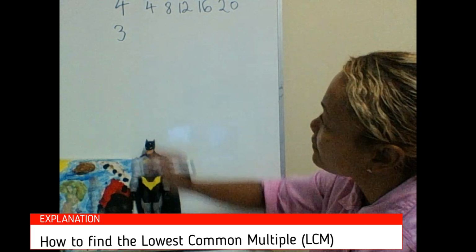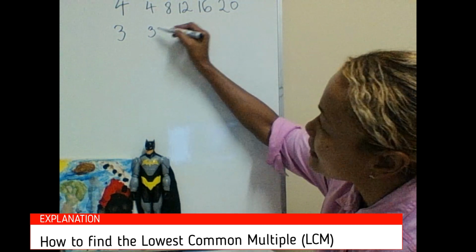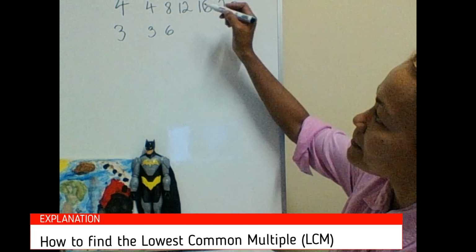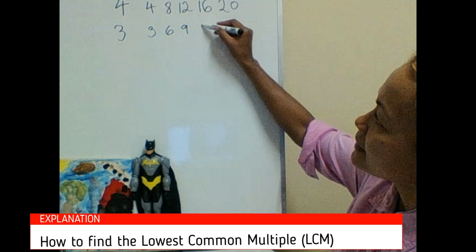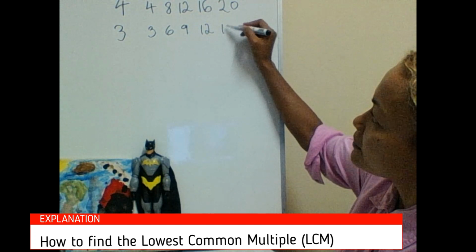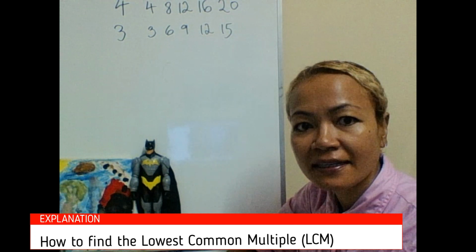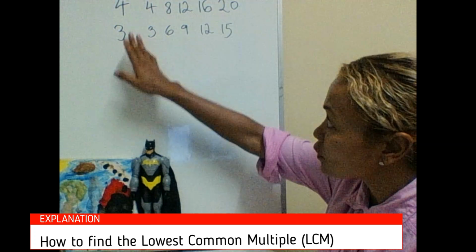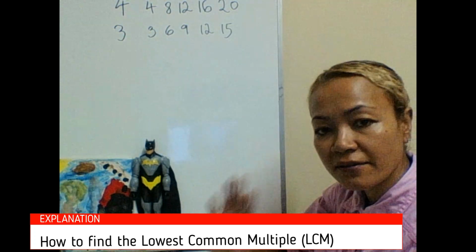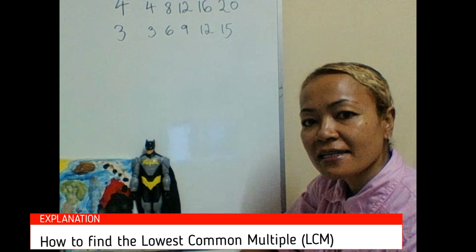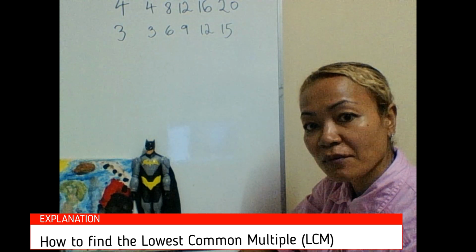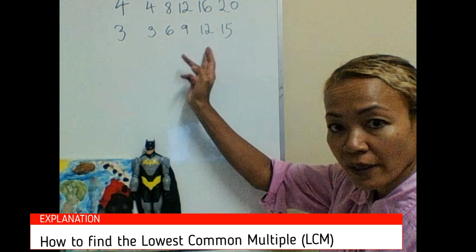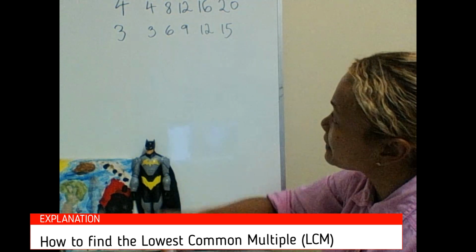And for 3, it is 3, 6, 9, 12, 15, right? We can keep writing, but this is just to show for low numbers like 4 and 3, it's likely that the LCM, the lowest common multiple, will occur quite early. So we don't have to write too many.